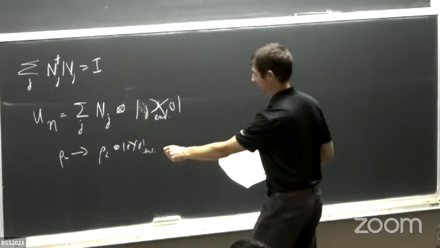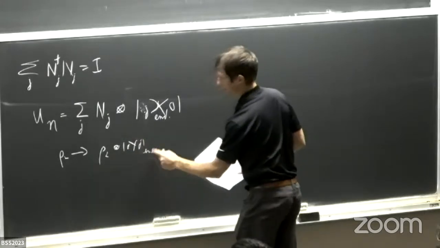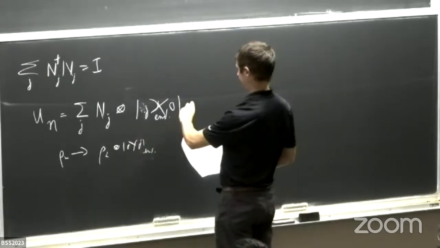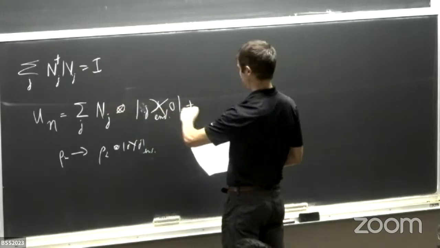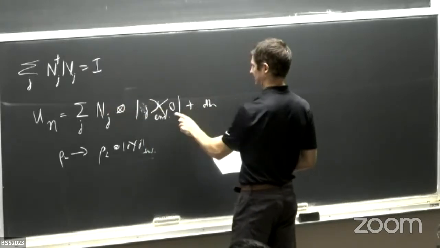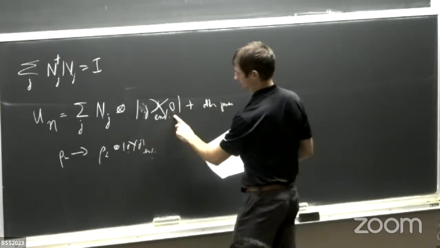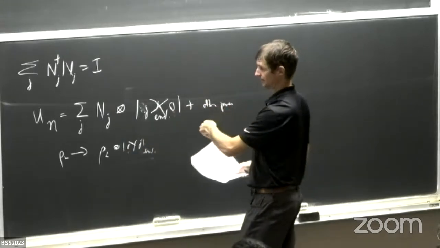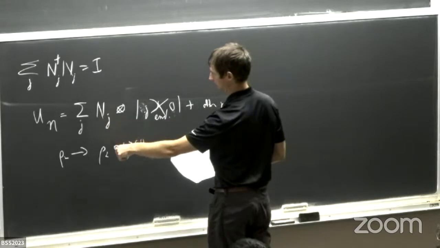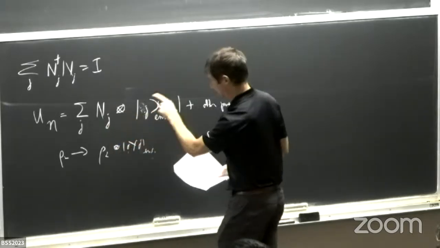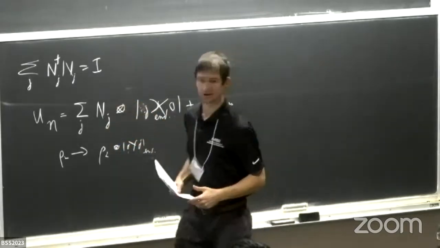So now we're good. If we start with this thing, we evolve under this unitary, which has other pieces that touch the non-zero environmental state that we can just ignore, and then we trace out this second factor, you're going to get that channel.